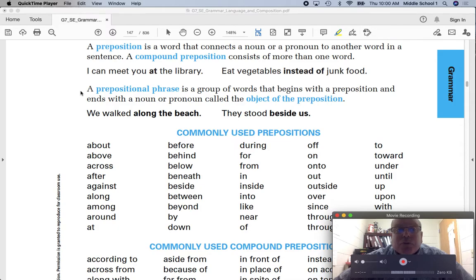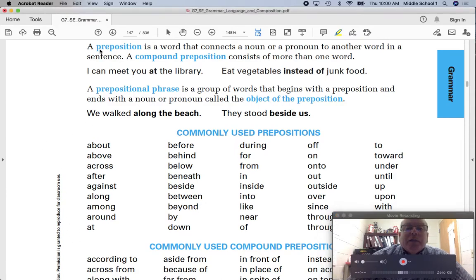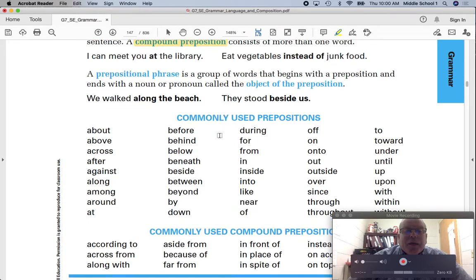First of all, let's review the definition of a preposition. It's a word that connects a noun or a pronoun to another word inside of the sentence. The preposition can have more than one word, and we call those compound prepositions. If you look at the words that are on the middle of your page, you're going to notice that we have the one word and the more than one word compound prepositions.